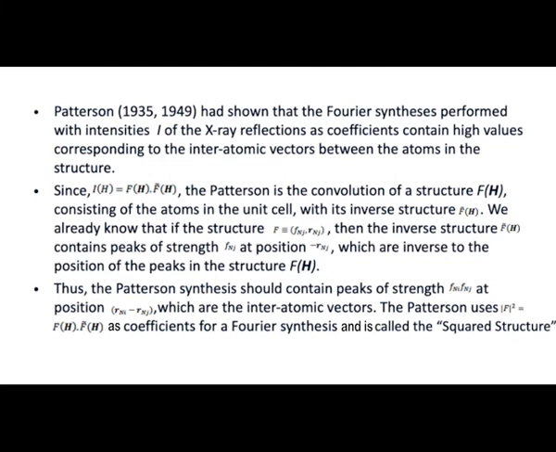Thus, the Patterson synthesis should contain peaks of strength fni, fnj, the product of the individual scattering factors, at positions rni minus rnj. That's called interatomic vectors. The Patterson uses mod F square, or F multiplied by F dagger, as coefficient for its Fourier synthesis.